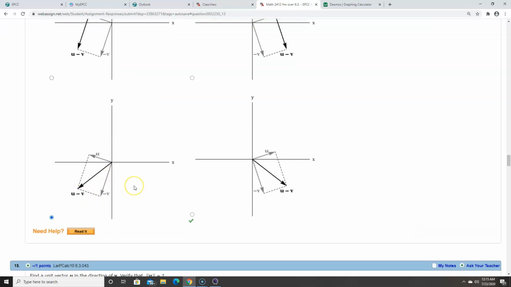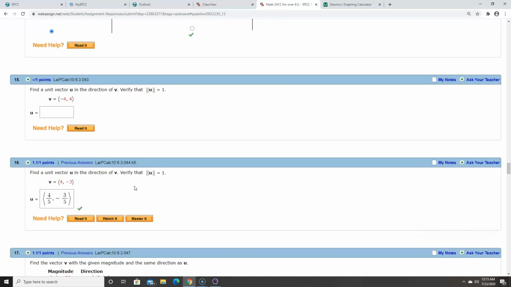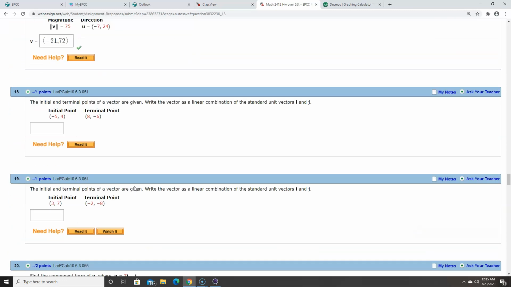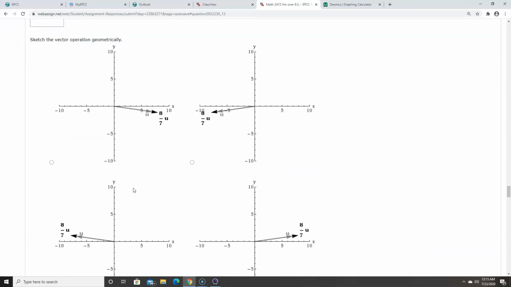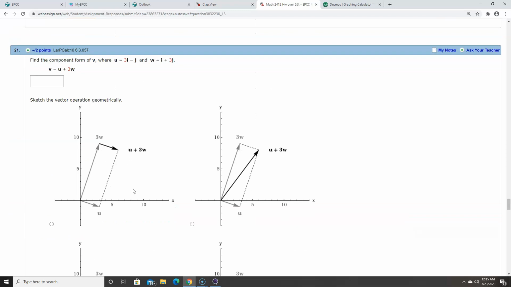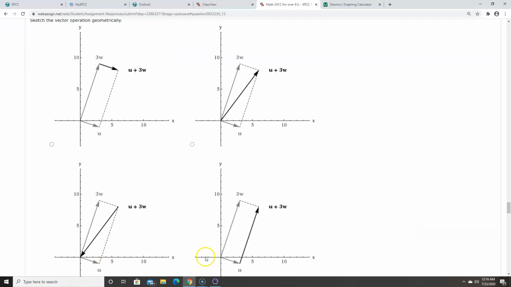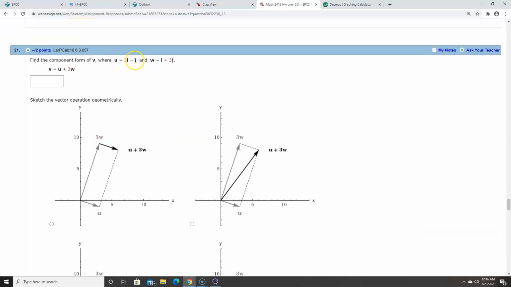So I hope that's okay, class. This is the same kind of thing. Take vector u, but now they tell you what it is. They still draw it though. Well, all of them have the same u, so they drew the correct u, 3i minus j, 3i minus 1j, that's this one.